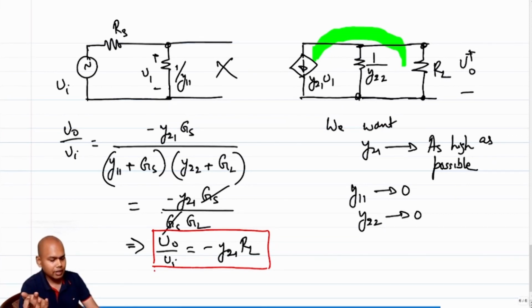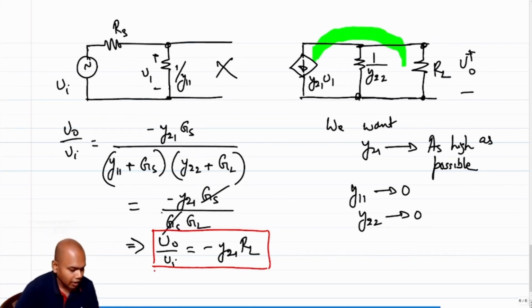Since the current is getting divided between two resistors, obviously the voltage V0 is not getting maximized, because RL is not getting the entire current.